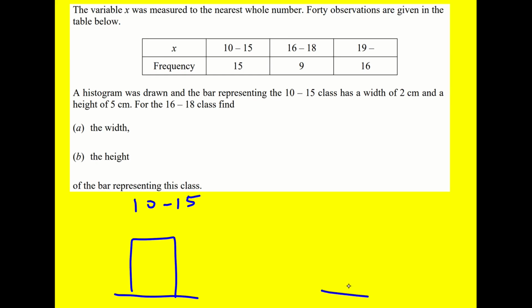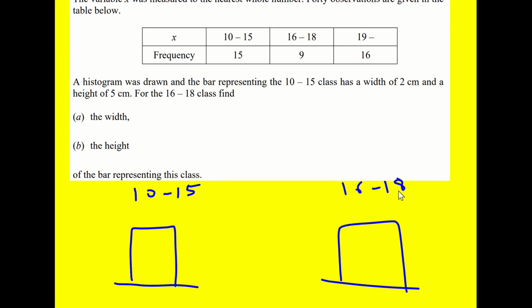And I'm going to draw my other one over here, the one I want to find out about, 16 to 18. I know that I've got a width of 2 centimeters and a height of 5 centimeters. And then I want to work out what this height is and what this width is.